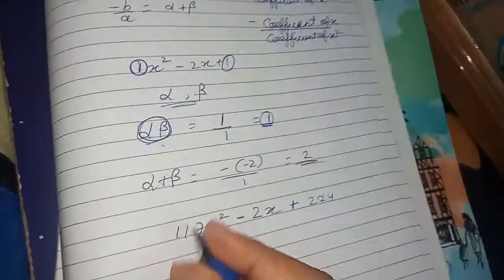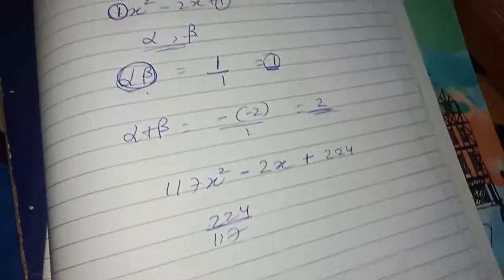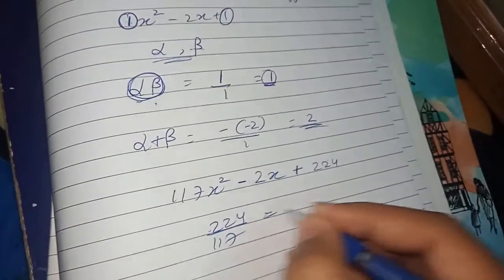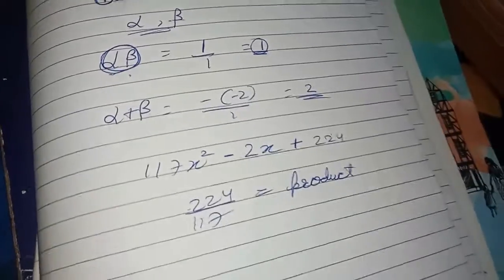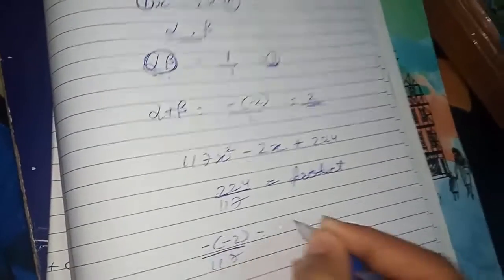You can directly write 224 upon 117. No problem. And if it is asked to find the sum of roots, then you can directly write minus of minus 2 upon 117, which is 2 upon 117.